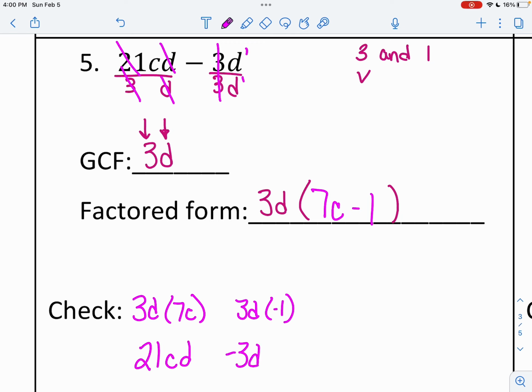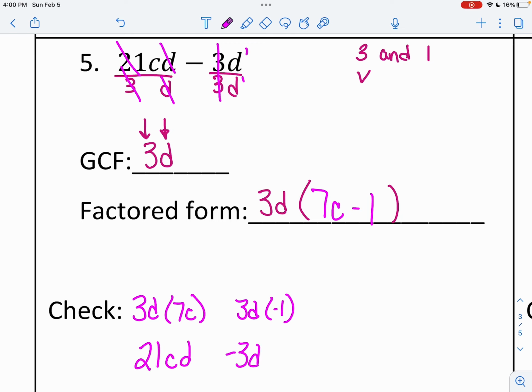Negative 10 divided by 2 is negative 5. y squared, take away y squared is y to the 0, so I don't write it. So this time in factored form, I have a monomial and a trinomial as my final answer.